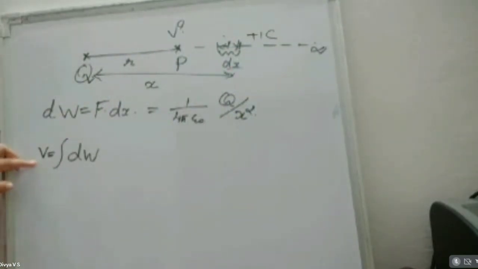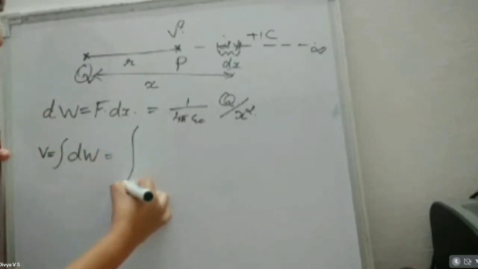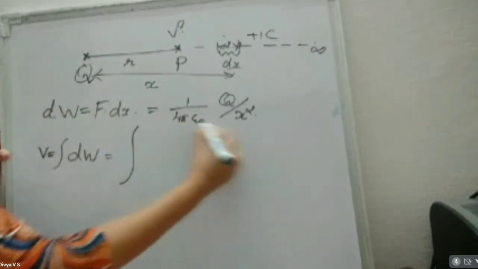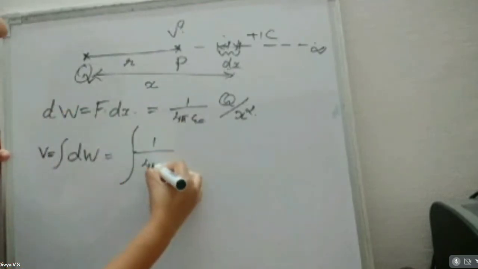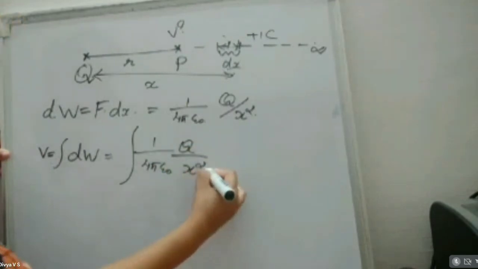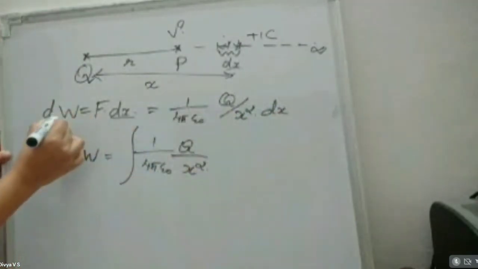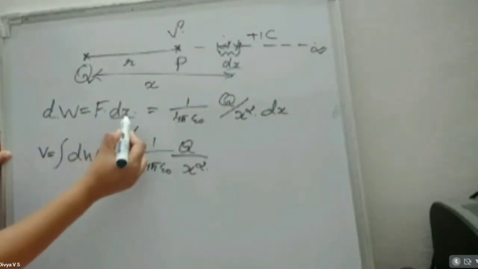So potential is equal to the integral of dw, or the summation of each work done. That is equal to the integral of dw, which is 1 by 4 pi epsilon 0 q divided by x square into dx. Okay, dw is equal to force into dx.